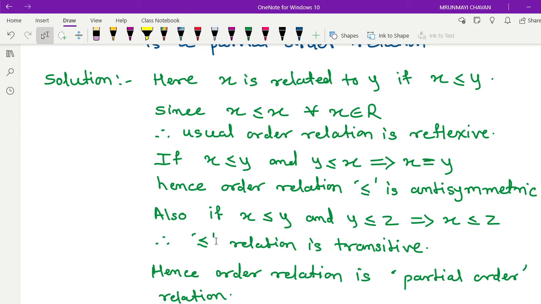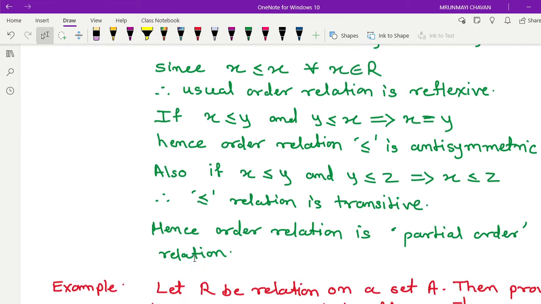Now, if x is less than or equal to y and y is less than or equal to z, then we know that x is also less than or equal to z. Therefore, (x, y) belongs to the given relation and (y, z) belongs to the relation implies that (x, z) also belongs to that relation.